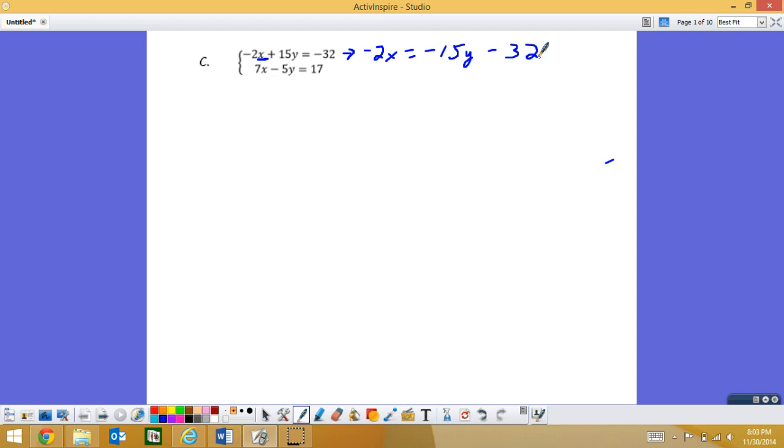And that's what I have after I subtract that 15y. And then I'm going to divide everything by -2 or multiply everything by -1/2. Either way, I'm going to end up with x is equal to 7.5y plus 16.